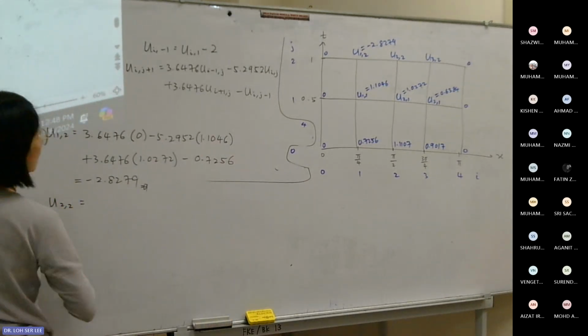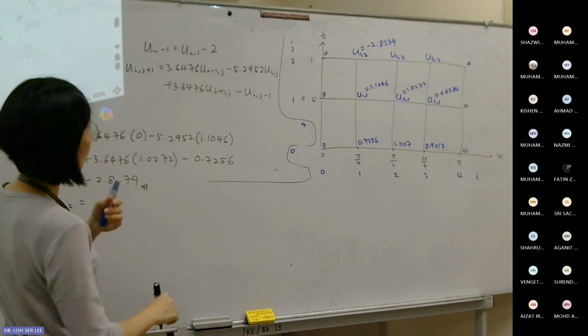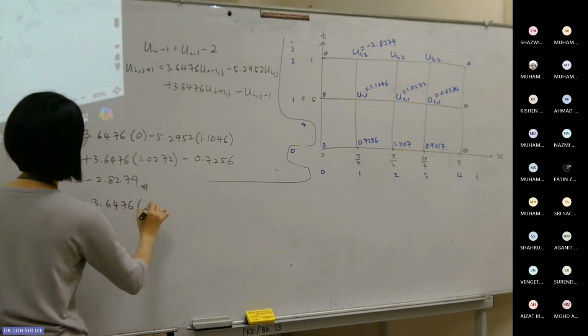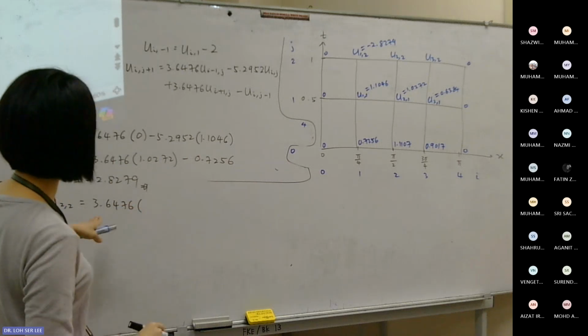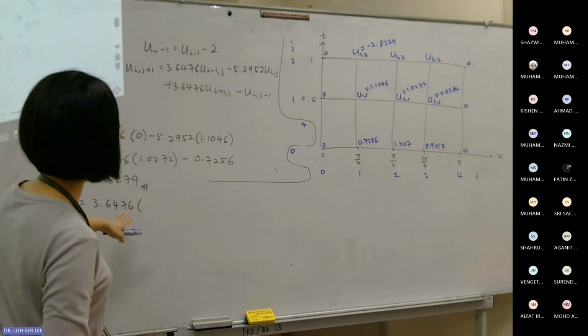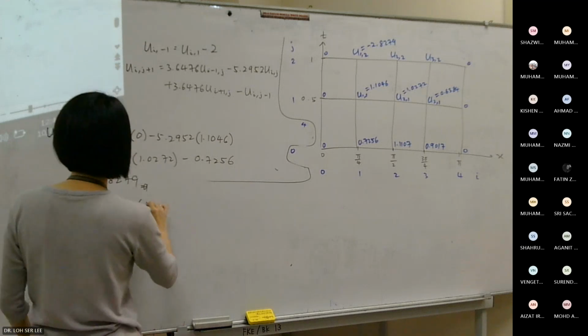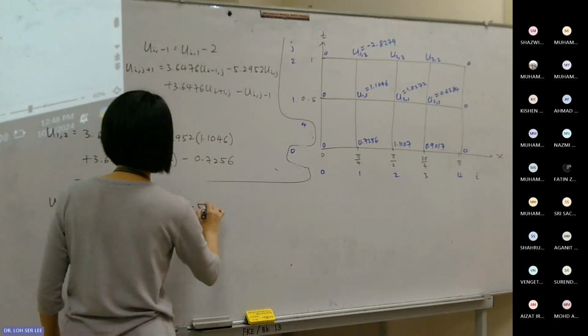Okay, just put in the 4 values directly, if you have put your formula in order. U22 0.1046.